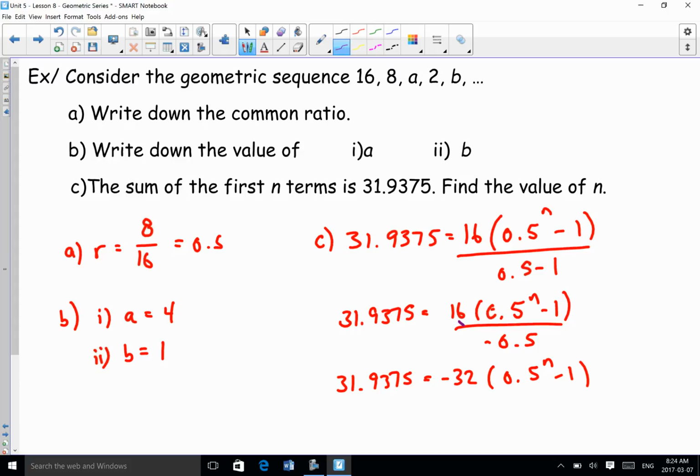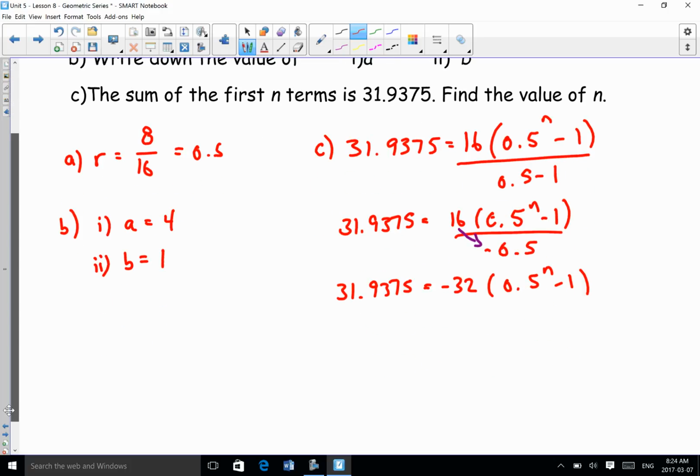Then I'm going to divide both sides by negative 32. If I do that, I end up with negative 0.998. I keep all my decimals here, okay? 0.46875 equals 0.5 to the n minus 1.